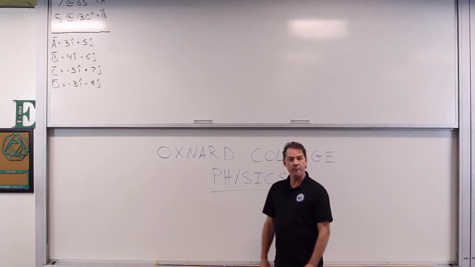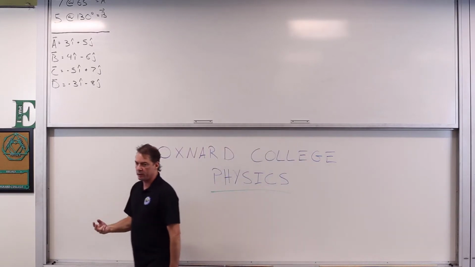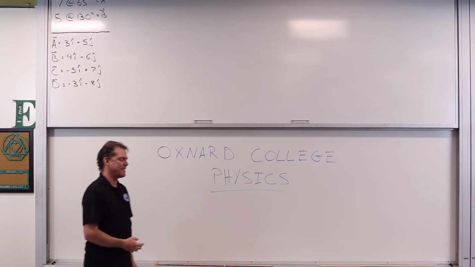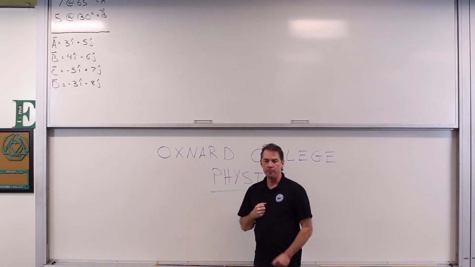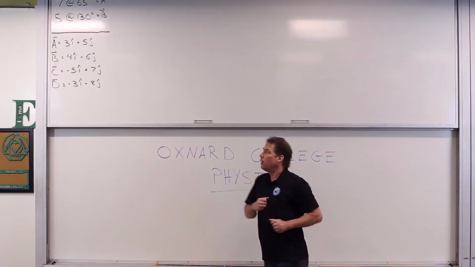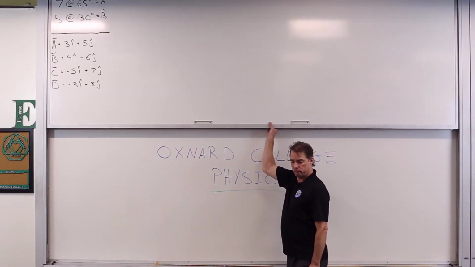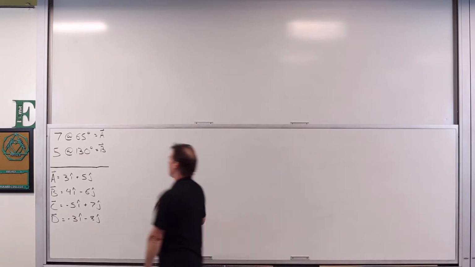We're going to look at a few problems here involving going back and forth between unit vector notation and a vector expressed as a magnitude and a direction. So here's the problem. Alright, so conveniently I have some things written up here.